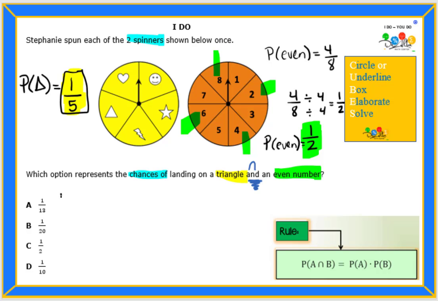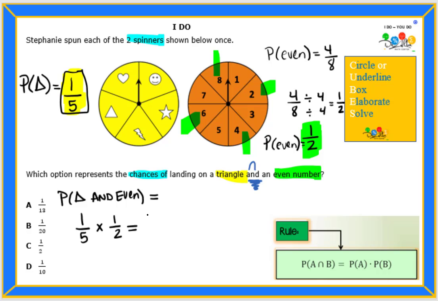So now the probability of getting a triangle and an even number is the product of both separate events. For the probability of triangle on the yellow spinner, we got 1/5. And we're going to multiply that by the probability of even on the orange spinner, which was 1/2.